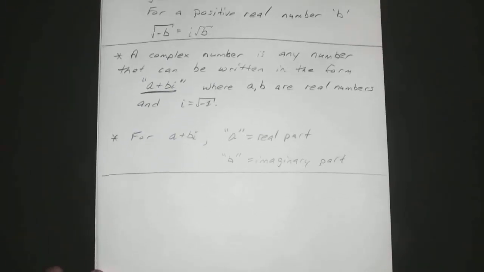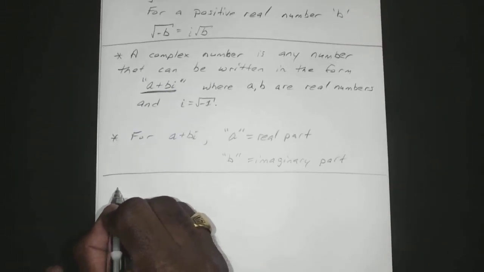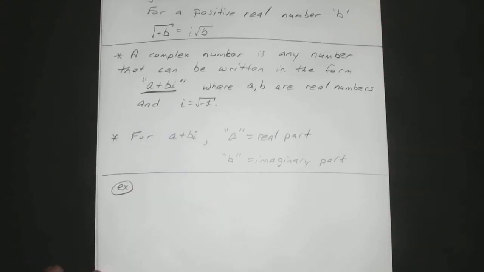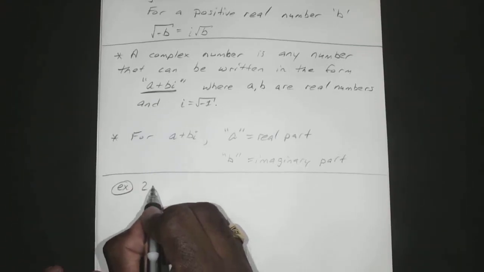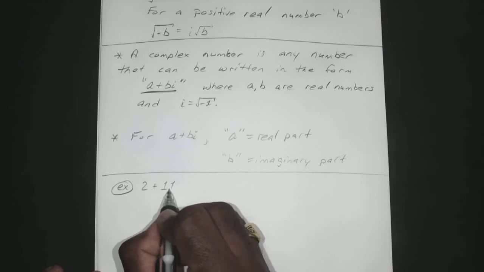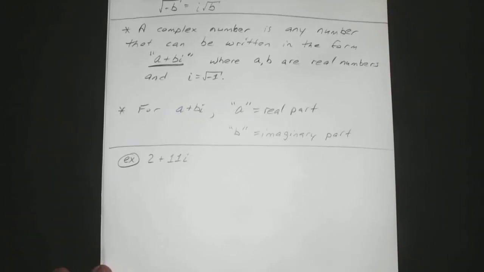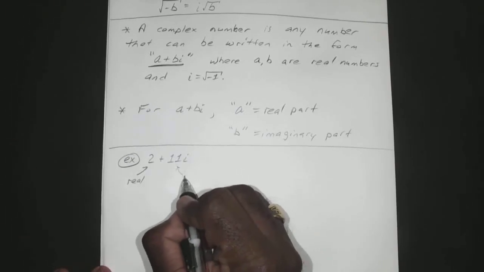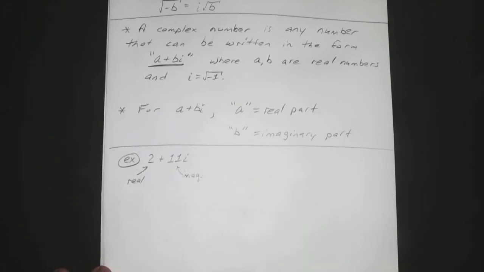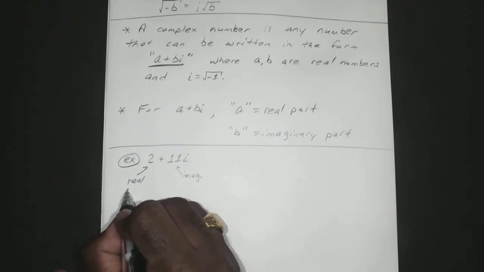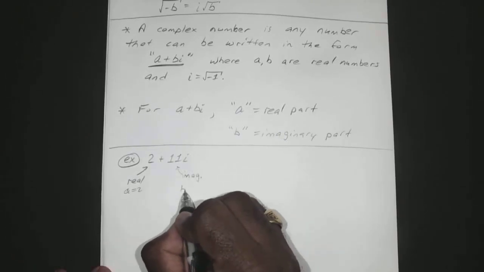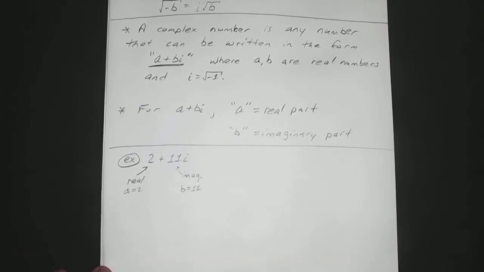All right, so let's say, for example, you see 2 plus 11i. This is your real part, and this is your imaginary part, where in this case your a is equal to 2, and your b is equal to 11.